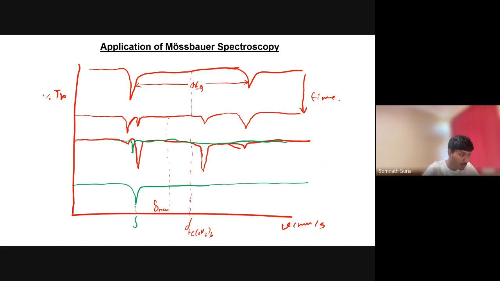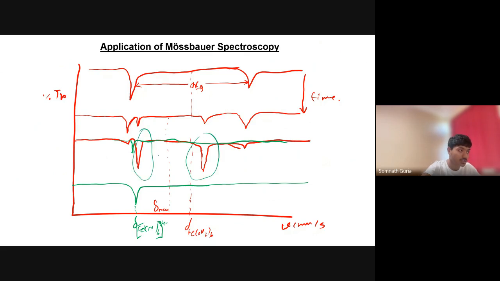We are talking about delta of FeCN6 4 minus. Theoretically, in Mossbauer we have one Mossbauer line. So now the question is, what does this line actually refer to?